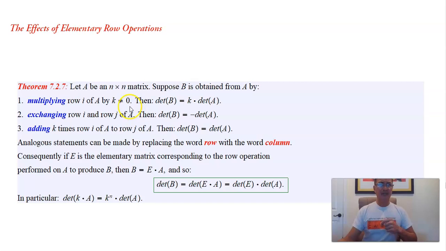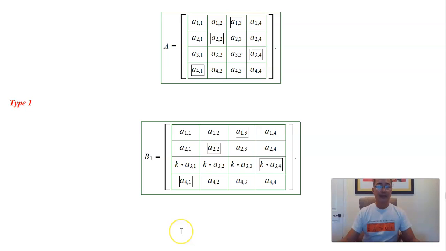Oh, by the way, k should not be 0, but what happens if you multiply A by 0? You will get the 0 matrix, lots of zeros there. The determinant is exactly 0. And on the right, you have 0 to the n, which is still 0, times the determinant of A. So it doesn't matter if k is 0 or not. This equation is still correct.